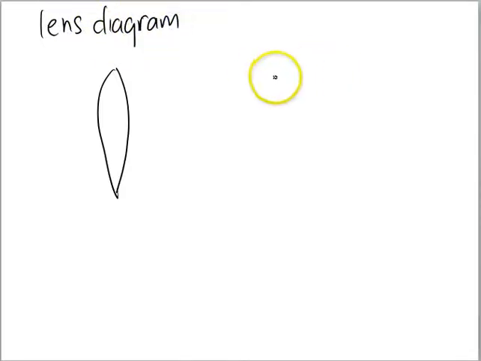Sorry, quite ugly. Now, just think of it as when you want to draw a lens diagram, your lens will automatically be converted into something like this. So this is your lens, this is also your lens.